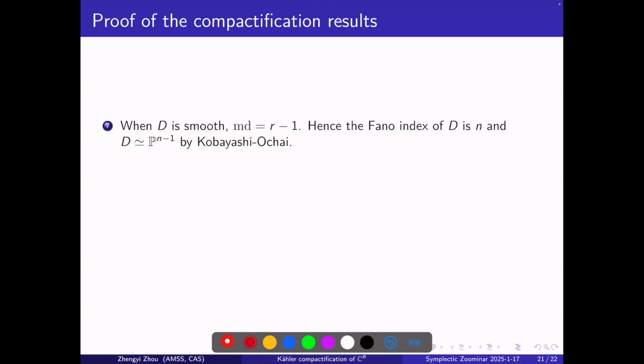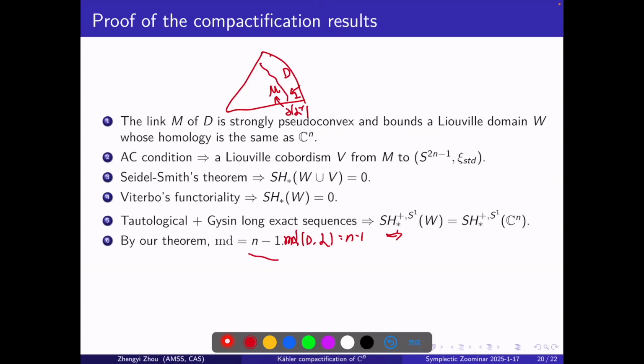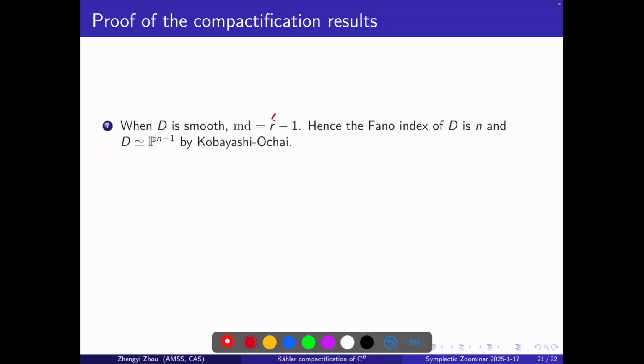And you can compute that the Fano index has to be n. Then by the Kobayashi-Ochiai characterization of P^n, we know that D is just P^n.